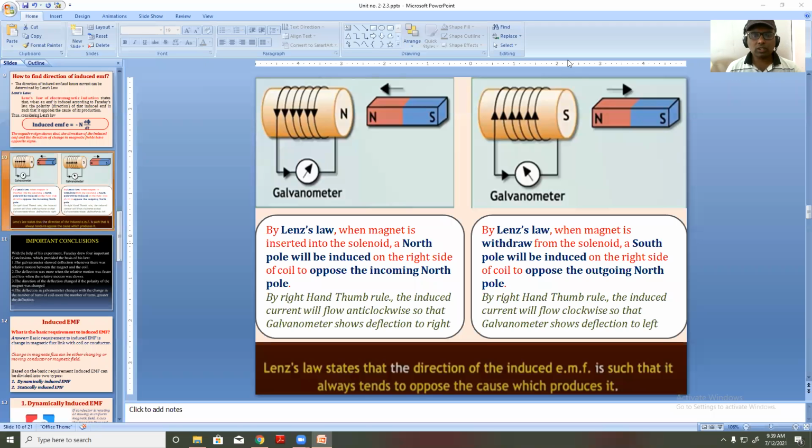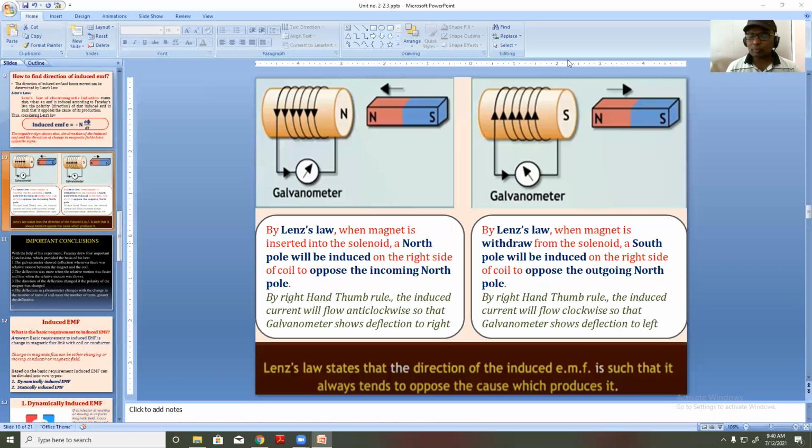Today, once again, we will discuss a few things related to electromagnetic induction. In the previous session, we discussed what is meant by electromagnetic induction and what the basic requirement is. The basic requirement of electromagnetic induction is a change in magnetic field.